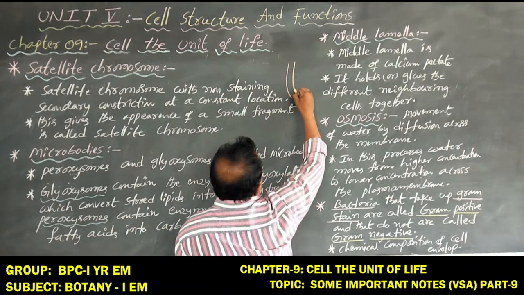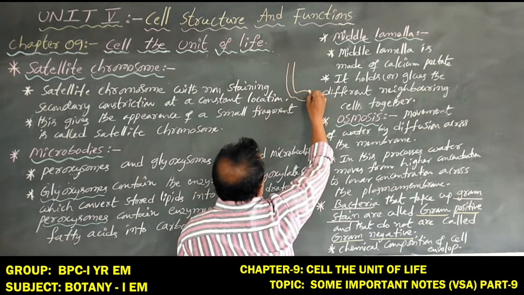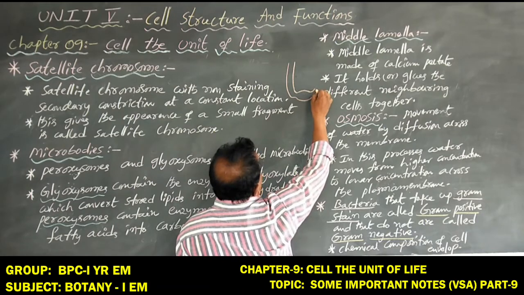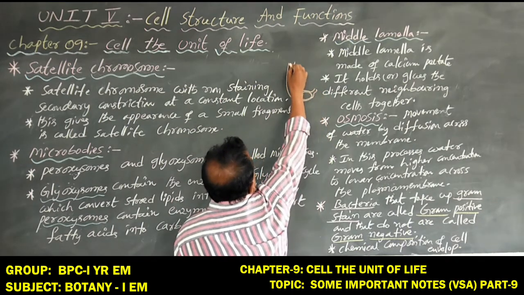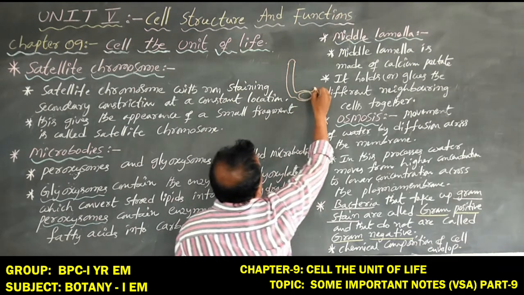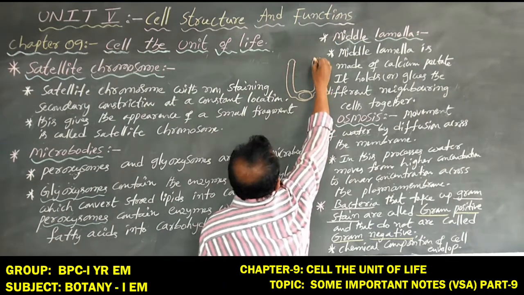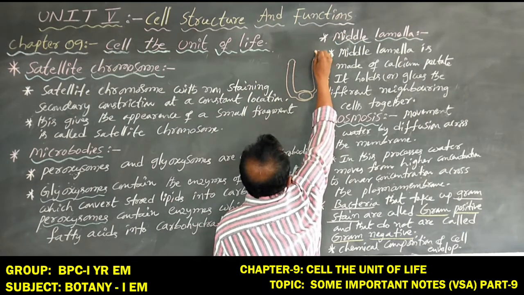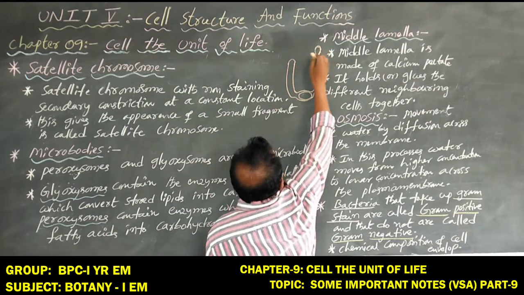It contains one constriction, the primary constriction or centromere, and this is another chromatid, which contains one small fragment-like structure.